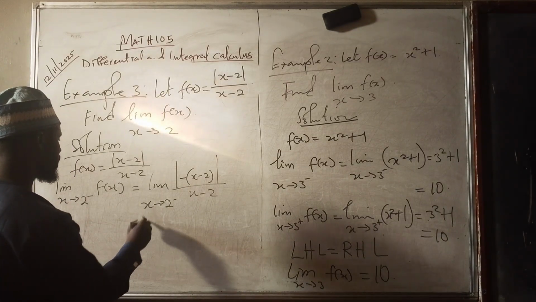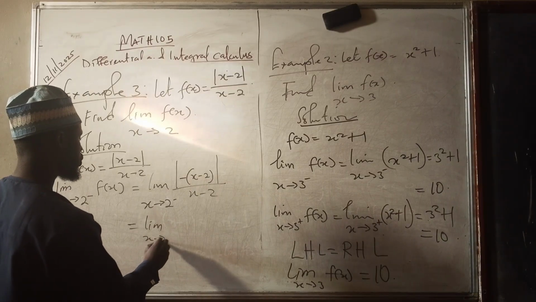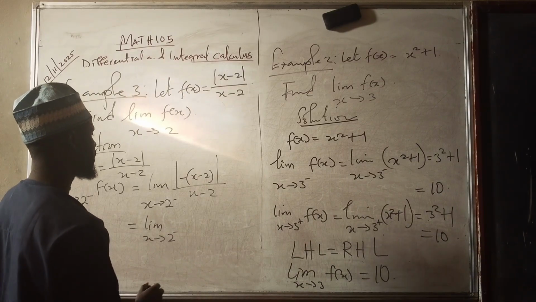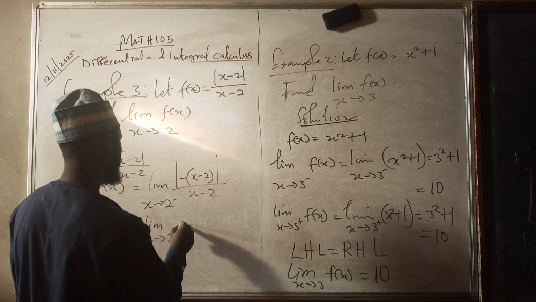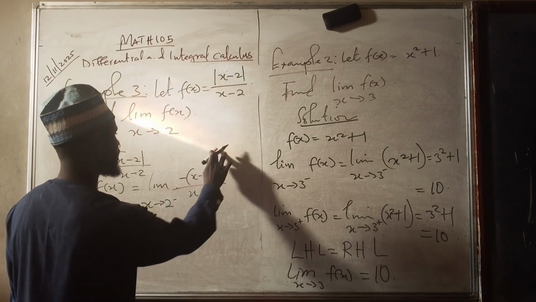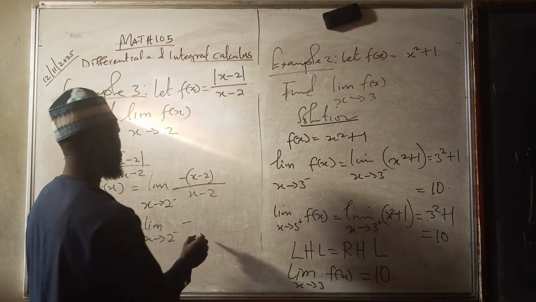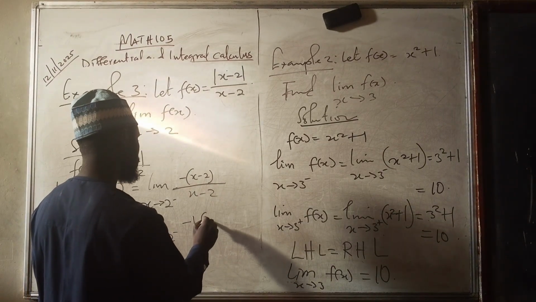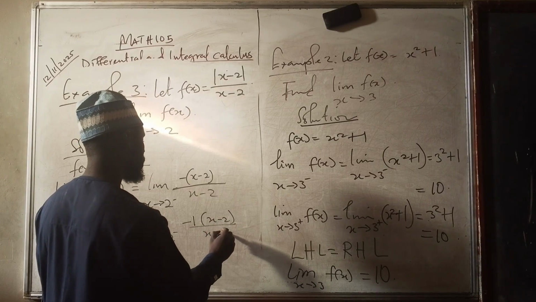And so this is equal to the limit as x tends to 2 from the left of minus 1 times (x minus 2) over (x minus 2), without the absolute value.